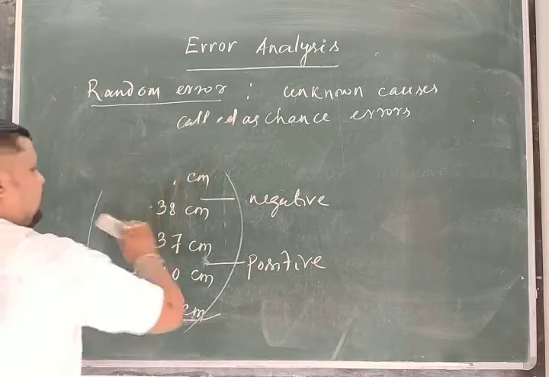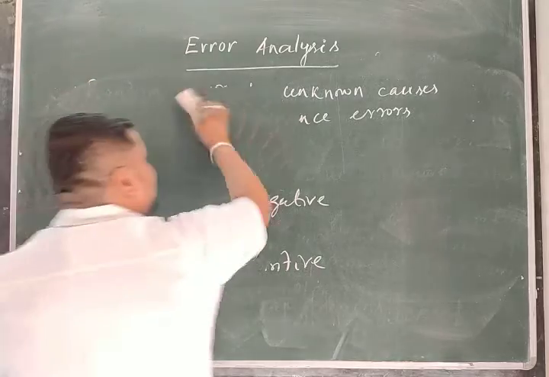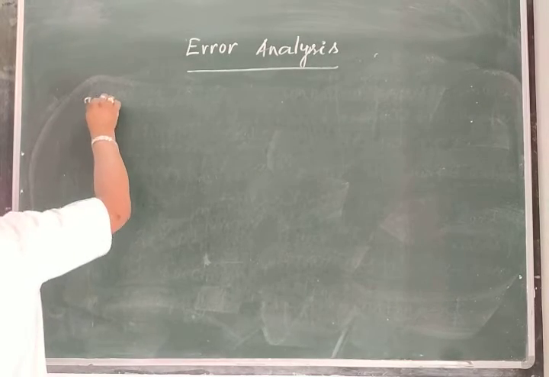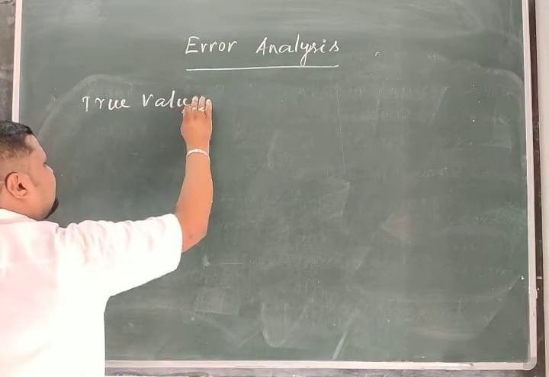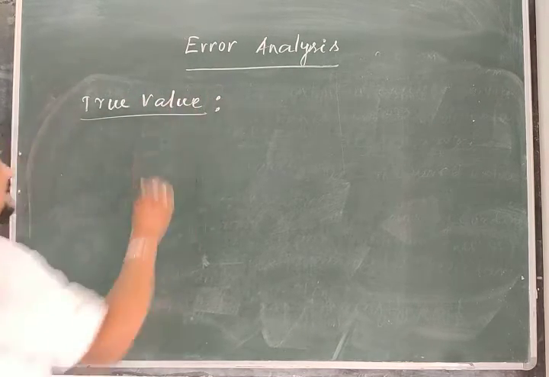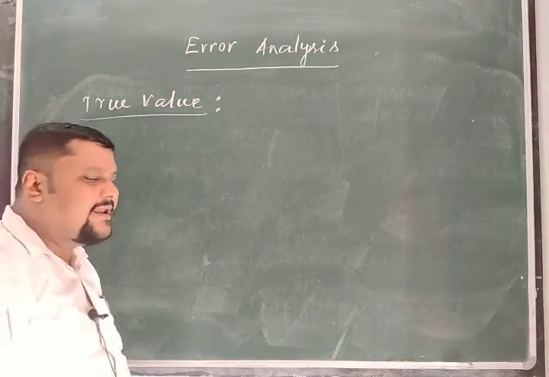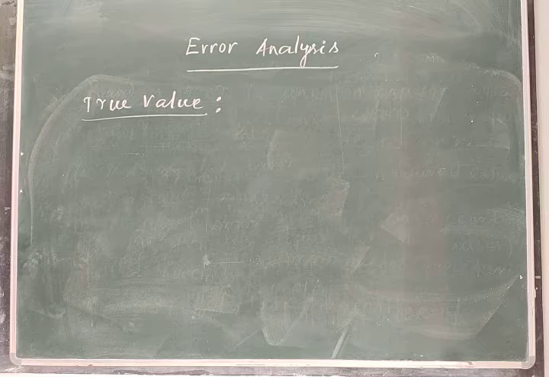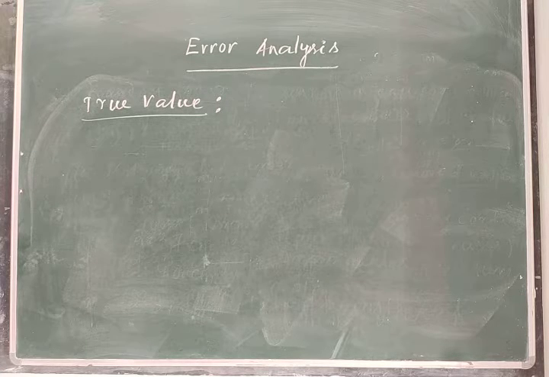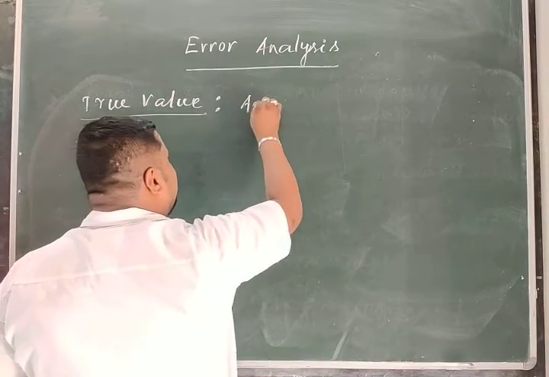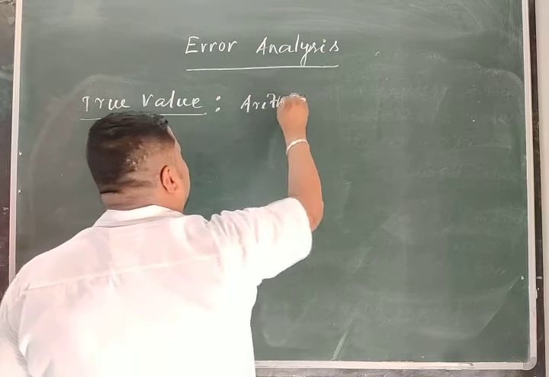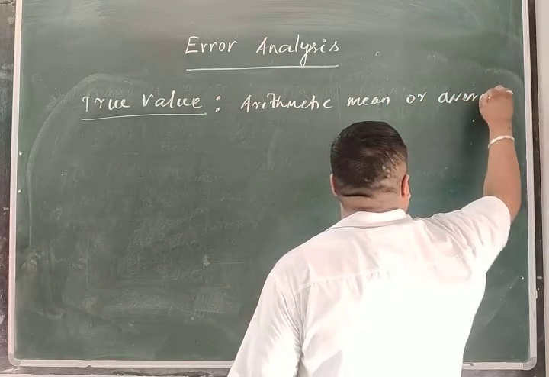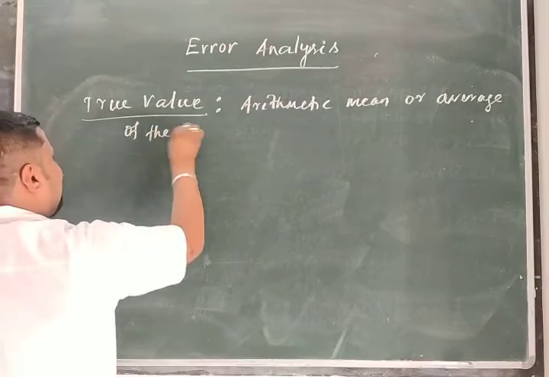We should analyze the random error more clearly. When there is a random error, to get the true value in this measurement, we should consider the arithmetic mean, or average, of the observed values.